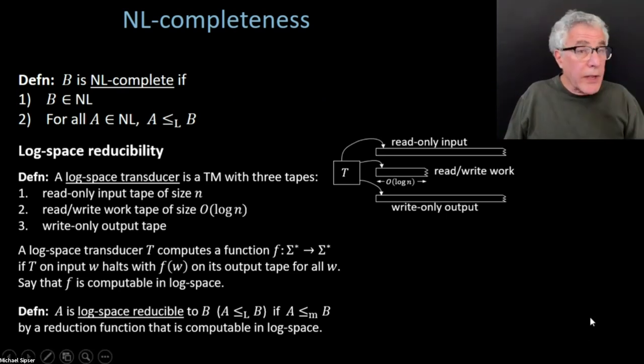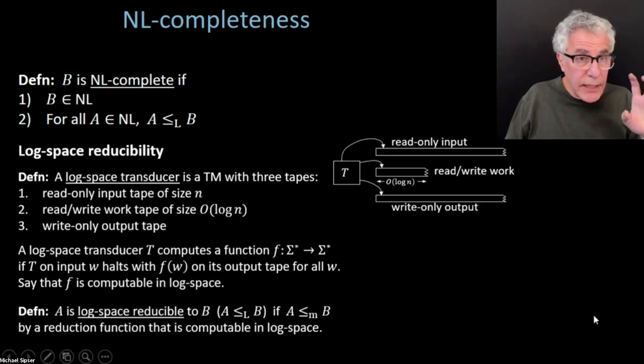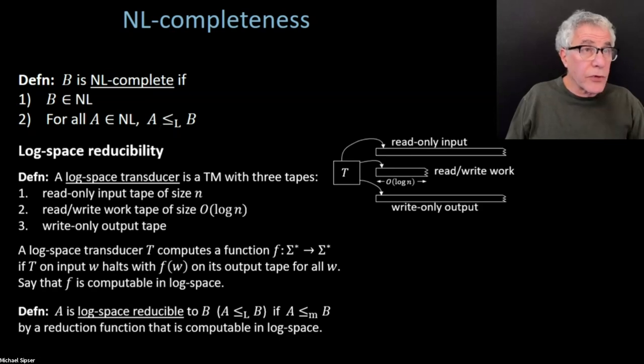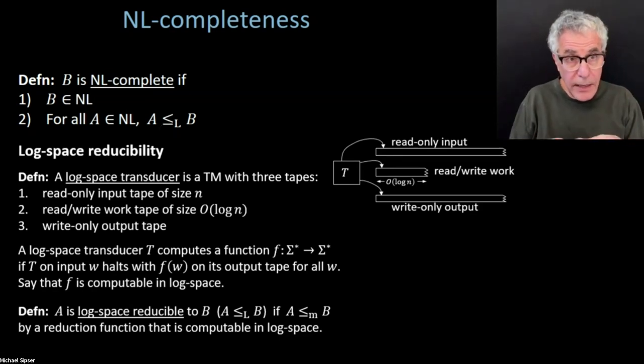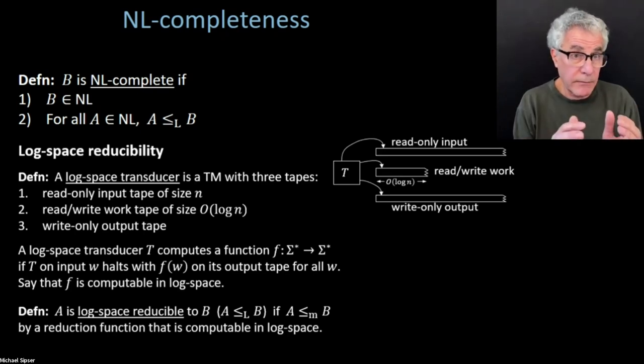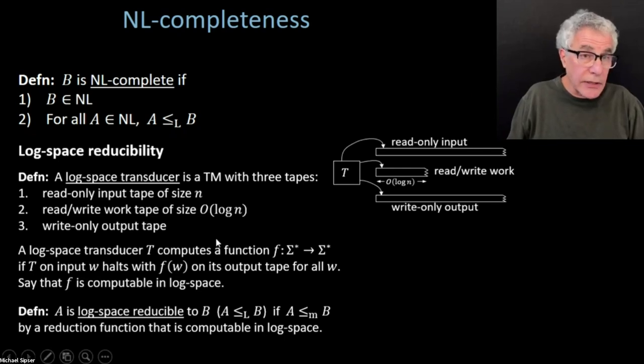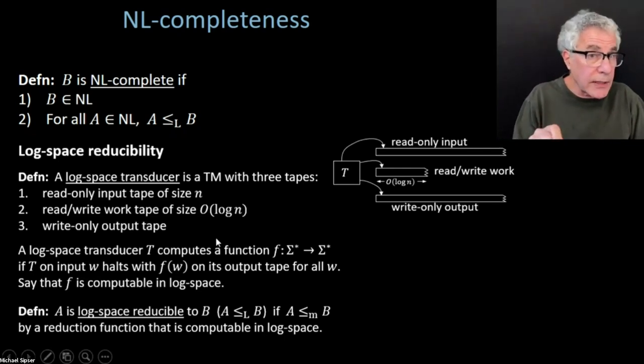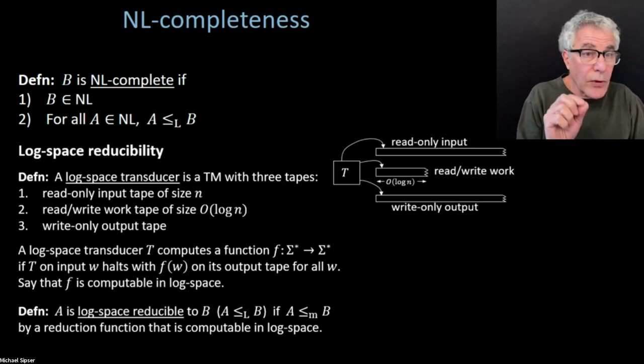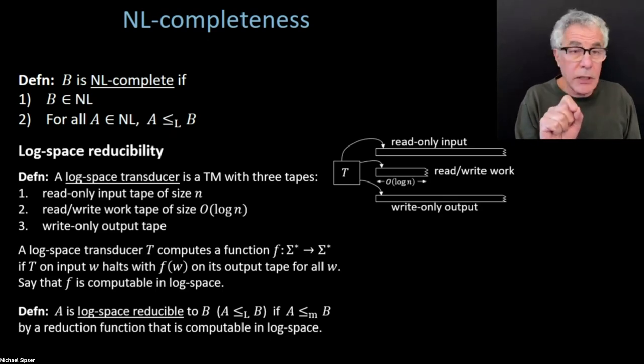Just quickly, I got a question again. Why log space here? Because polynomial time would be too powerful for doing reductions internal to P. Every language in P is reducible to every other language in P. So everything in NL would be reducible to everything else with a polynomial time reducibility, and that would not be an interesting notion. We have to use a weaker kind of reduction, using a weaker model.